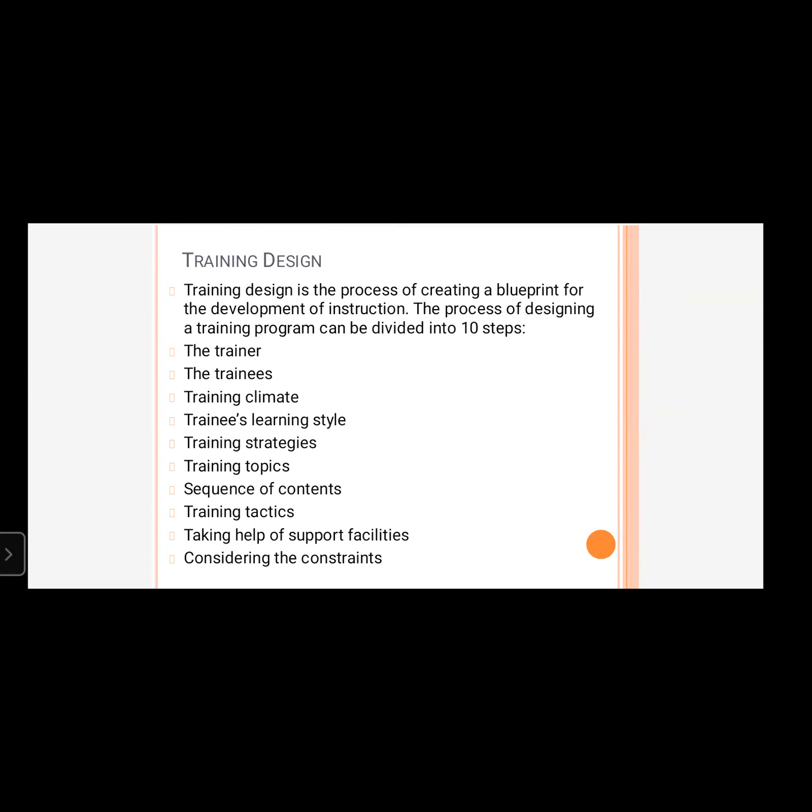They may enjoy the lecture method, or the case study method, or the discussion method. Whatever method they are inclined to, or will enjoy, that method should be implemented during the training program.